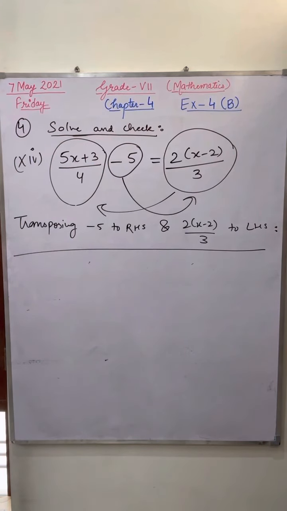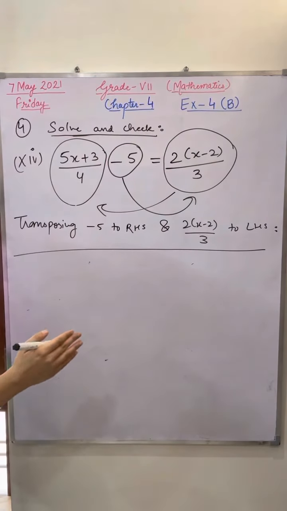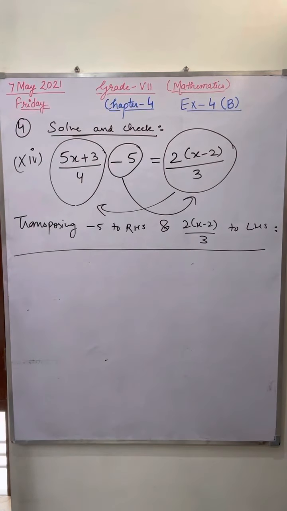Is it clear to everyone? Don't get confused. In my PDF, in some questions I have applied it in one step, and in some with different steps. The concept is the same as it is.